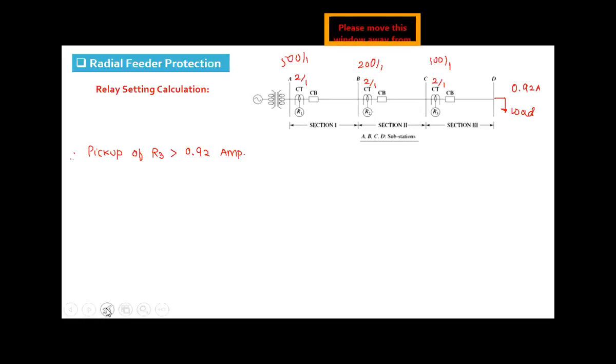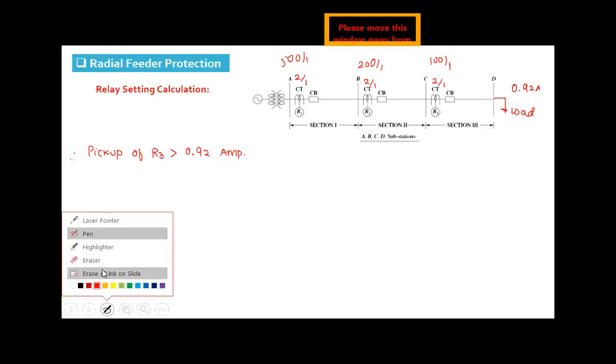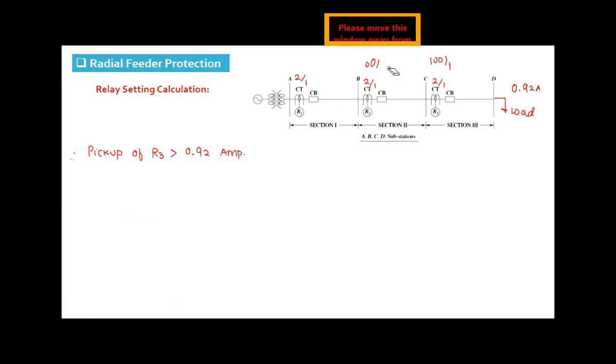Okay, so let us see how to find plug setting in terms of percentage. I want to find in terms of primary.